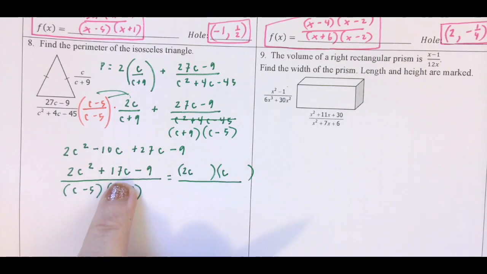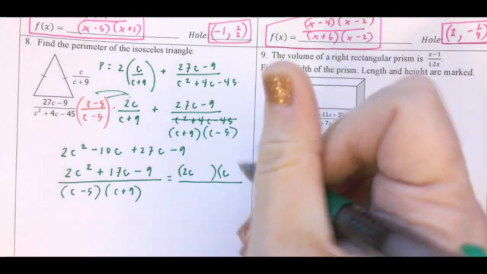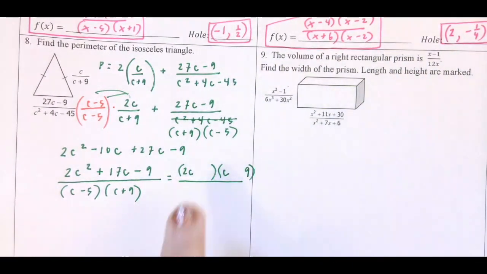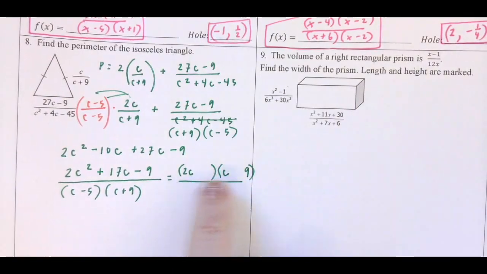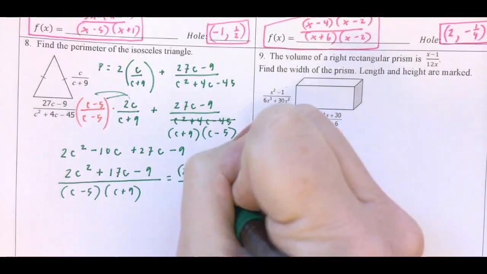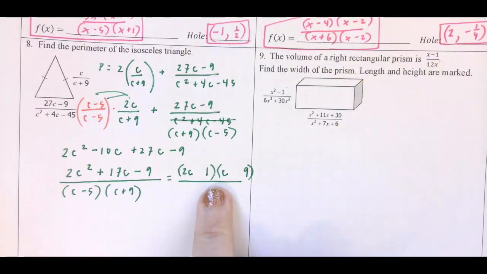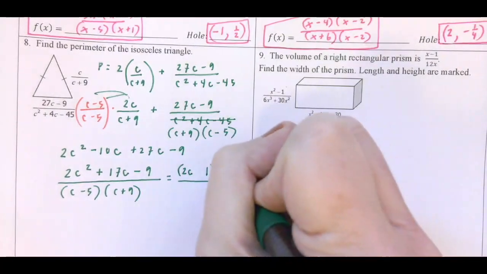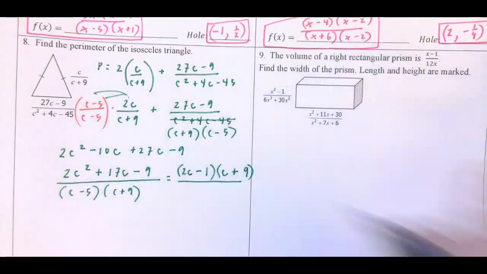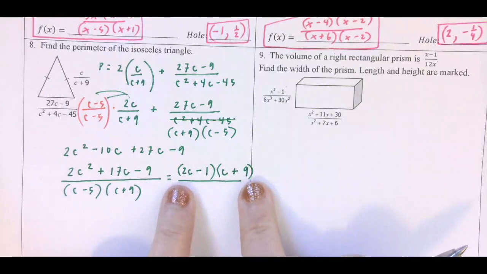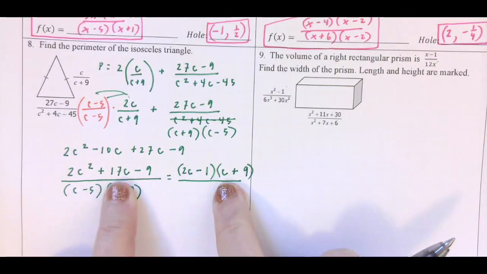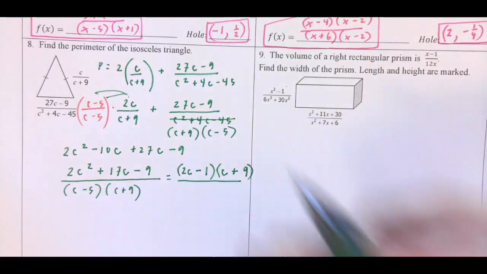That comes from the outer and the inner. So if I put a 9 here, I see that that's going to be 18c and a 1c. Now that will work if I put the plus here and the minus here, because I'll have 18c minus 1c. There's my 17c in the middle.